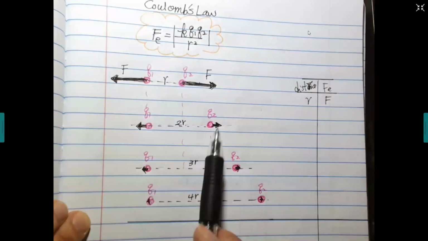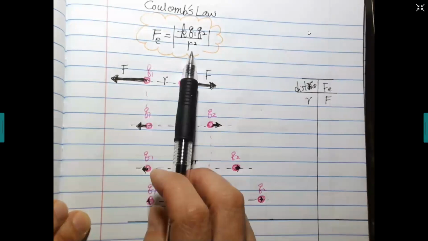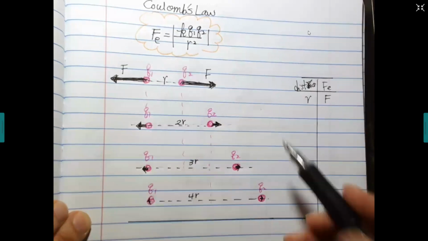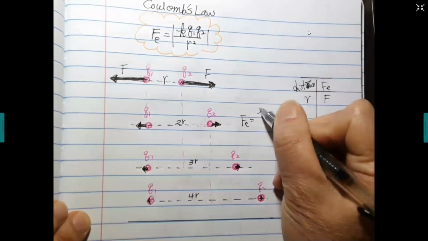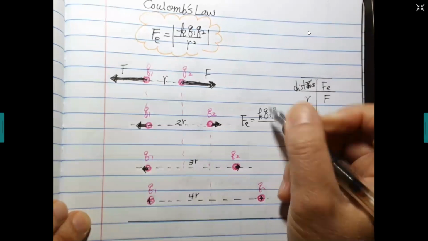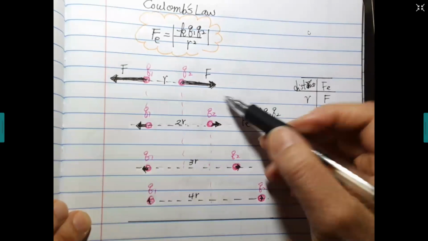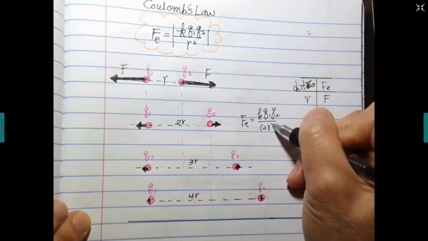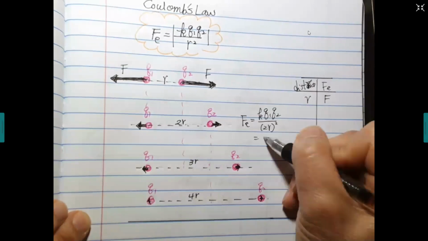Since it's doubled, take a look at this one right here. K Q1 Q2 remains the same. However, the r has become 2r squared. Now, if you open it up, it will become a quarter.